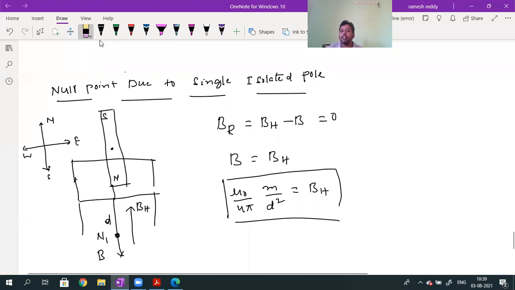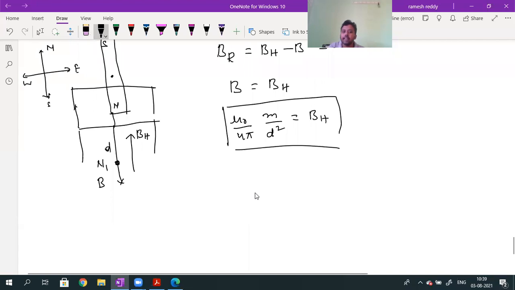Where are we getting the null point? In this case, we are getting the null point below the table. Below the table means it is towards the geographic south or geographic north? It is towards the geographic south.